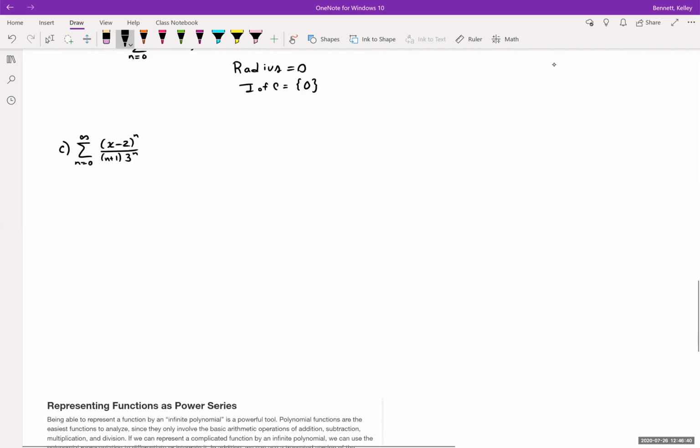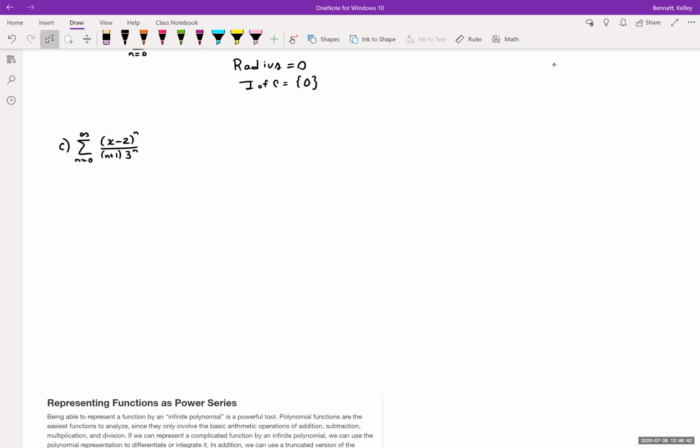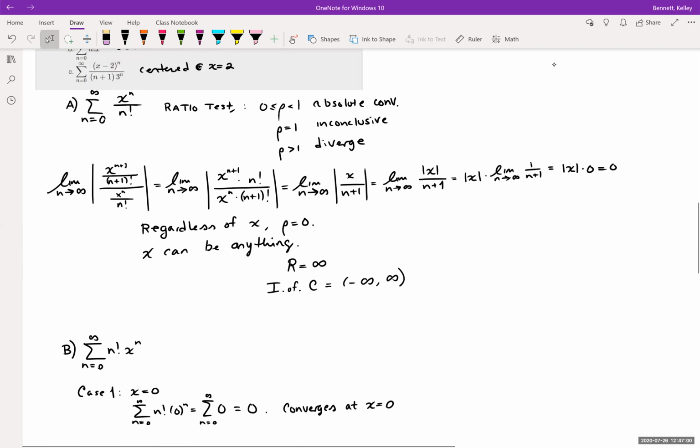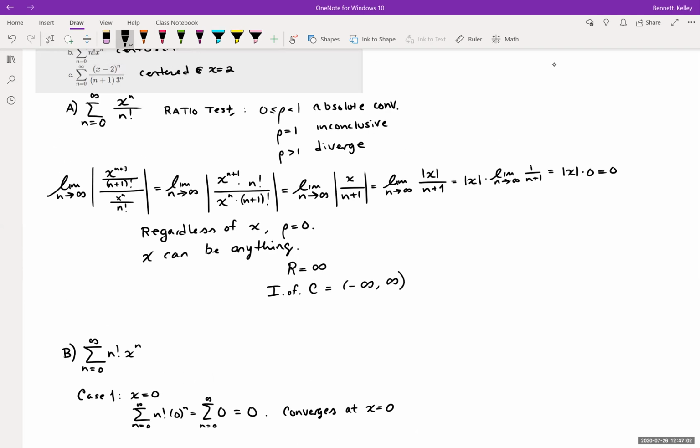All right, so for this one, I'm going to apply the root test because everything's raised to the nth power, more or less. So it's the same deal with rho for the root test as well. Oh, I think I forgot to mention something really quickly. Sorry. No, okay.